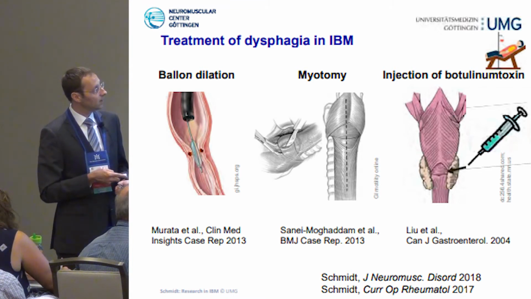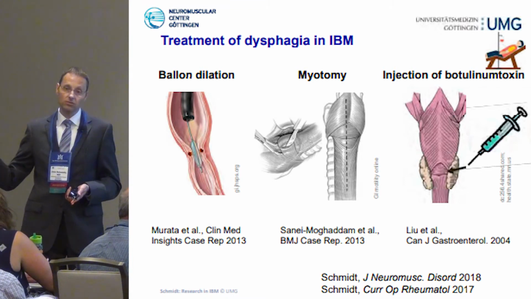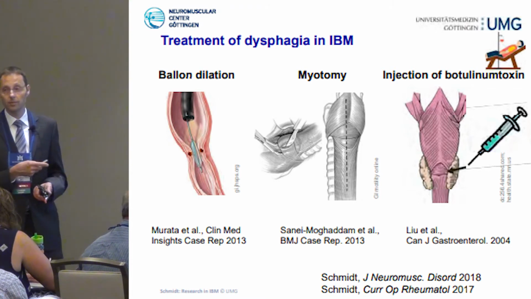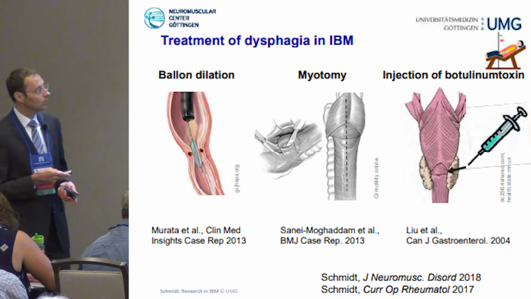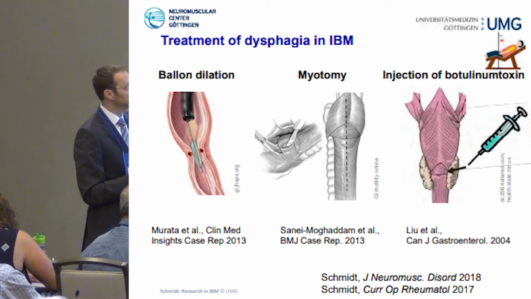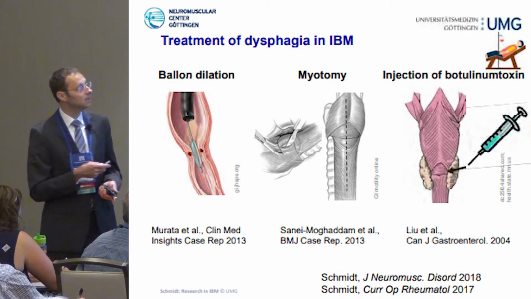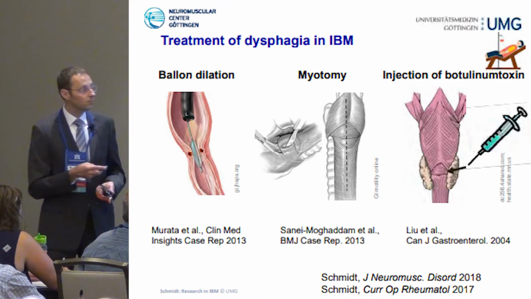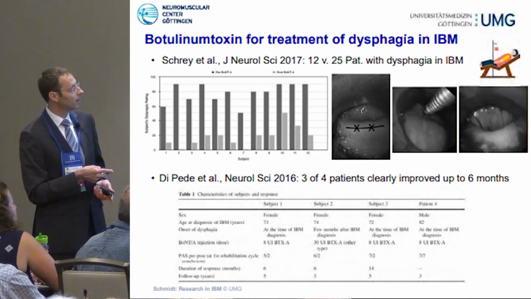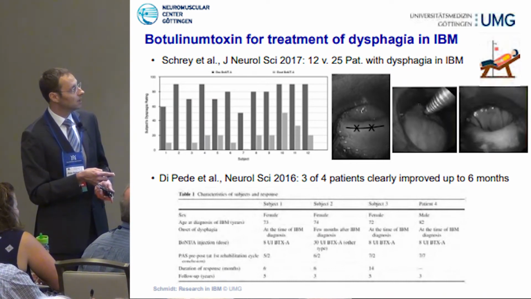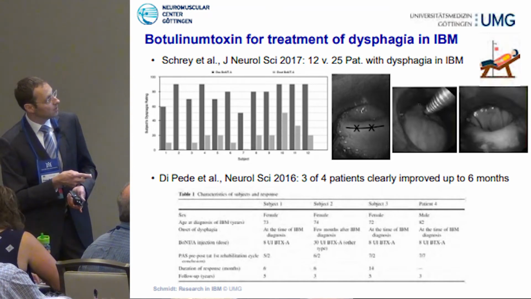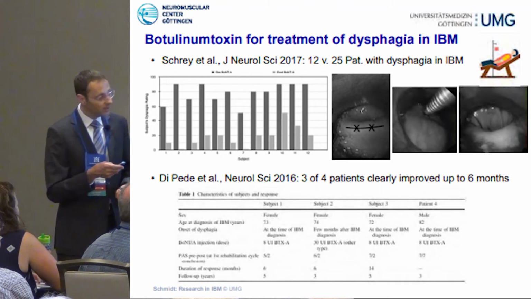So what we would favor is repetitive injections of botulinum toxin into the cricopharyngeus. This was published in 2004, and just very recently, in 2017, more case series have been published. We have not been involved in this at all. There is another patient in another series in 2016, and here are some images from these publications.